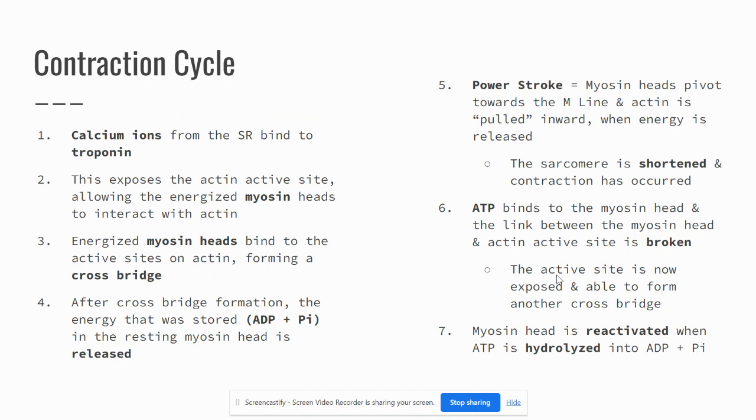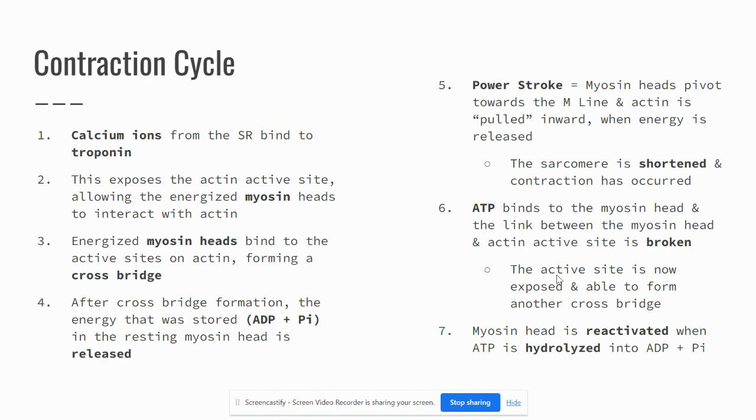Those myosin heads are energized and they're able to bind to those active sites on the actin, and that process is called forming a cross bridge. Once that cross bridge is formed, the energy that was stored in that resting myosin head is released.